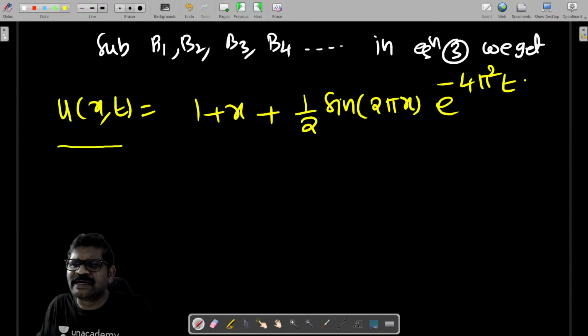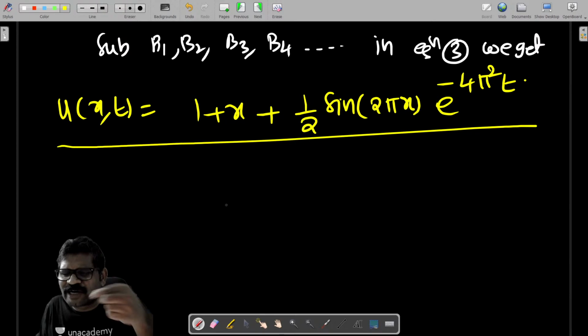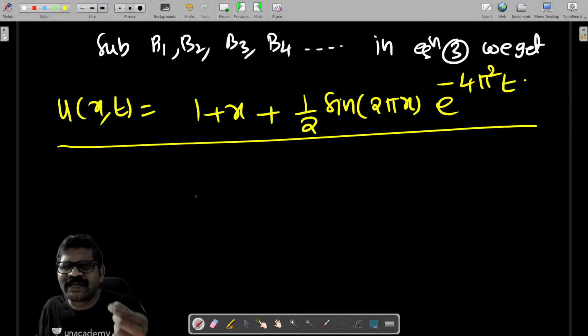This is the general solution. In this general solution you have to check option A, option B, option C, option D.